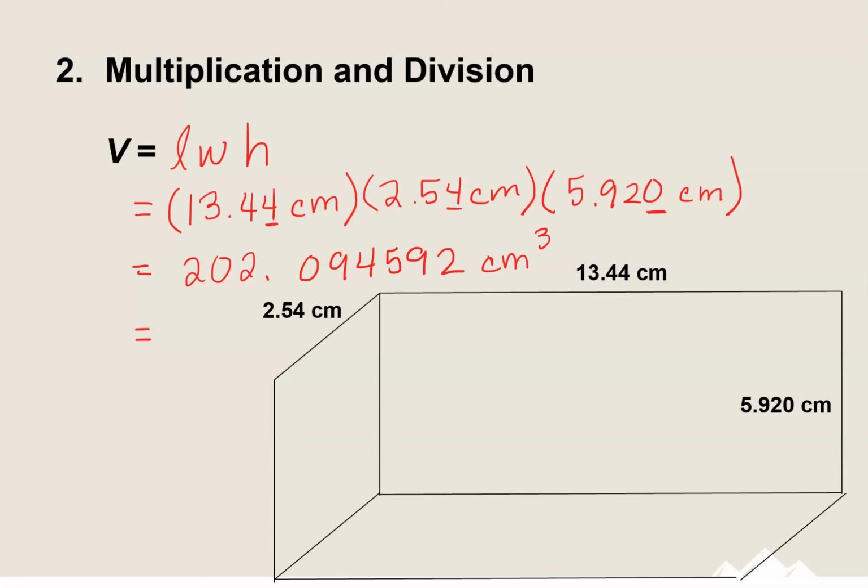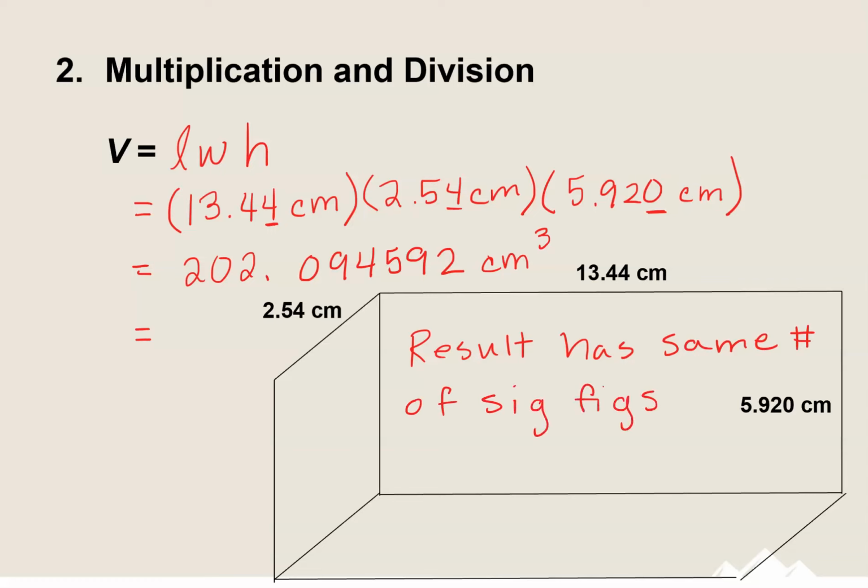Just let me tell you what the rule turned out to be. For multiplying and dividing, the result has the same number of sig figs as the measurement with fewest sig figs.